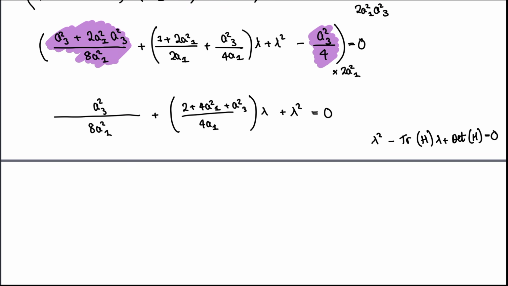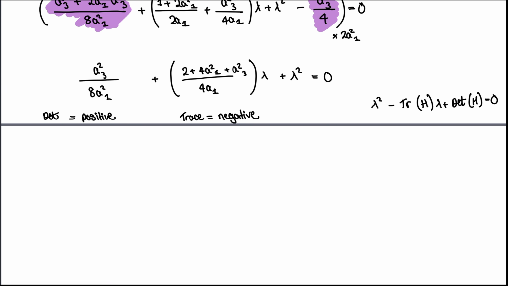So over here we get the determinant of that matrix, which we can see is positive. Then we can see that the trace of the matrix is also, as a whole, including this minus sign, positive. What that means is that the trace would have to be negative. Hopefully that made sense. So we've got a positive determinant and a negative trace.